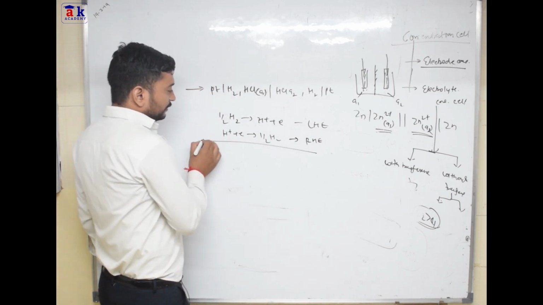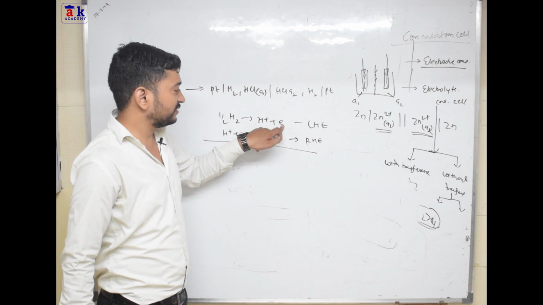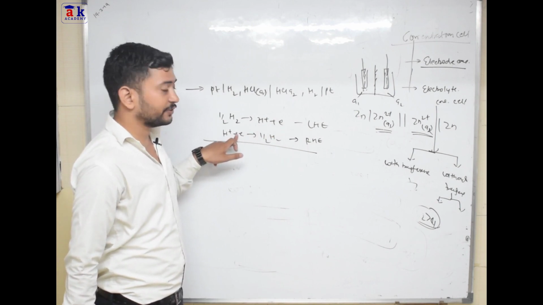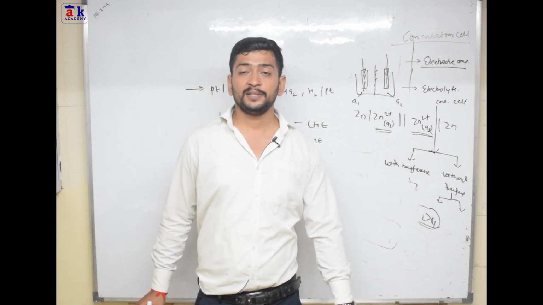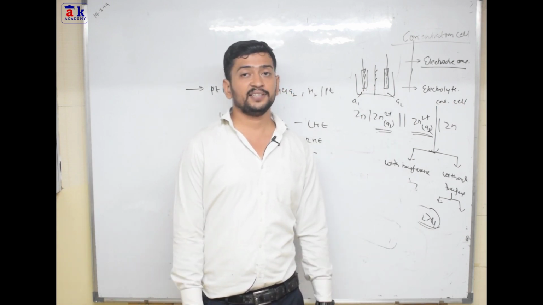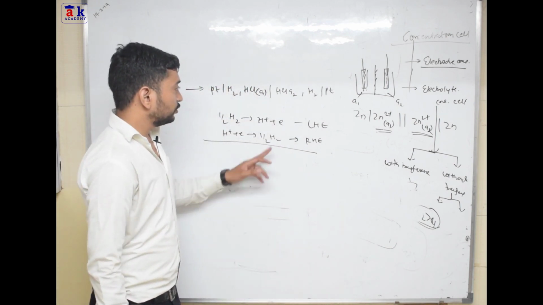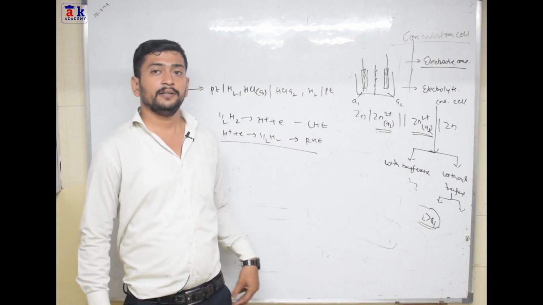Now please see what is happening over here. So in the compartment A1, the H+ are getting produced, and in the compartment A2, the H+ are getting consumed.